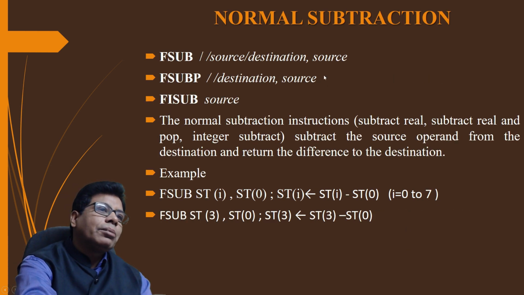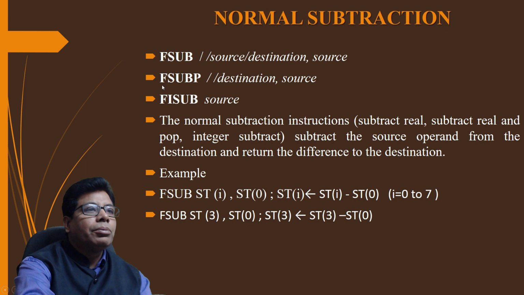Then the normal subtraction: we have FSUB, FSUBP and FISUB. These three instructions are for subtract real, subtract real and pop, and integer subtract. Again, the source operand is subtracted from the destination and the result will be in the destination.